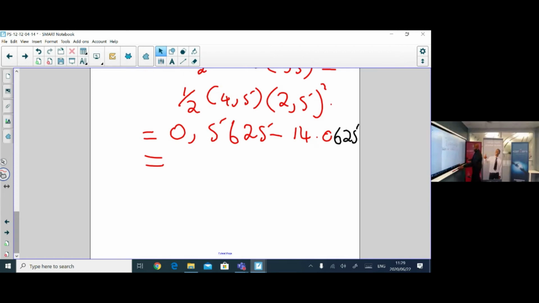Hopefully you get minus 13.5 joules. This is the change in kinetic energy.